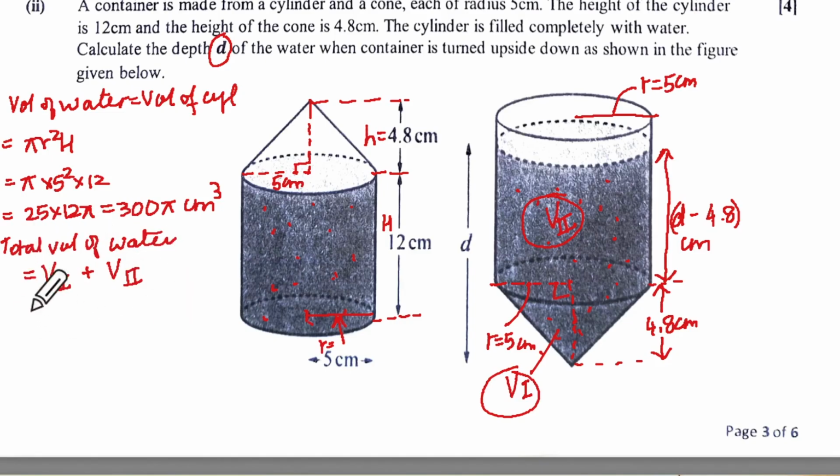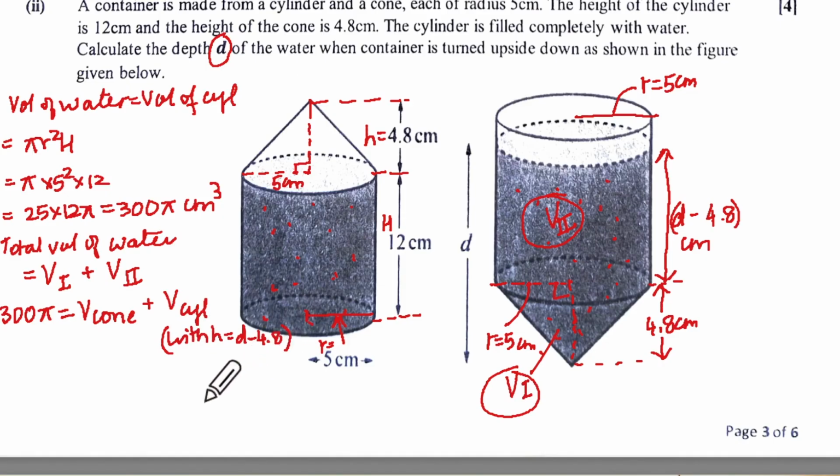Okay, so total volume is how much? 300 pi equal to volume 1 is what? Volume of the cone, correct? Plus V2 is what? Volume of the cylinder, correct? With height, bracket, with height equal to D minus 4.8.